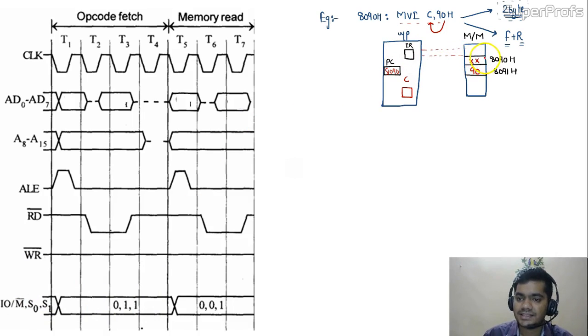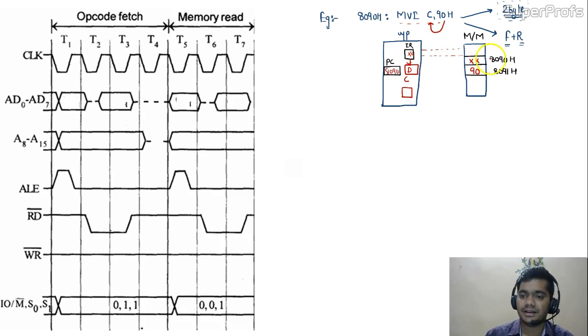Whatever data is present at 8090 is entered into the instruction register. The instruction register then decodes this opcode. After decoding, we understand the length of the instruction and the machine cycles involved.